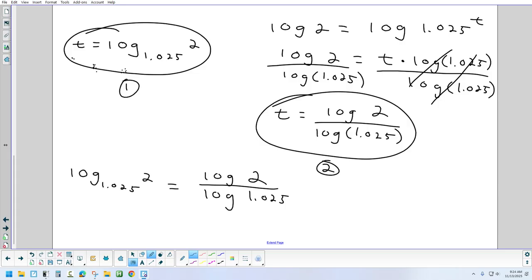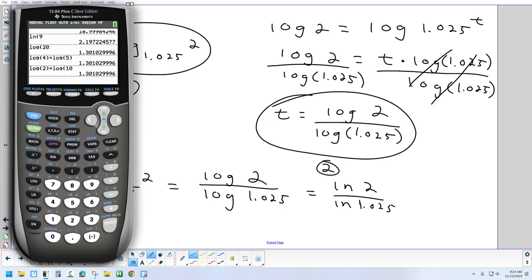That's how you type in something that's not base 10 or base e. You take the log of the argument and you divide by the log of the base. And actually, you could do it this way too. You don't have to use common log. You could use natural log. And it would come out exactly the same.